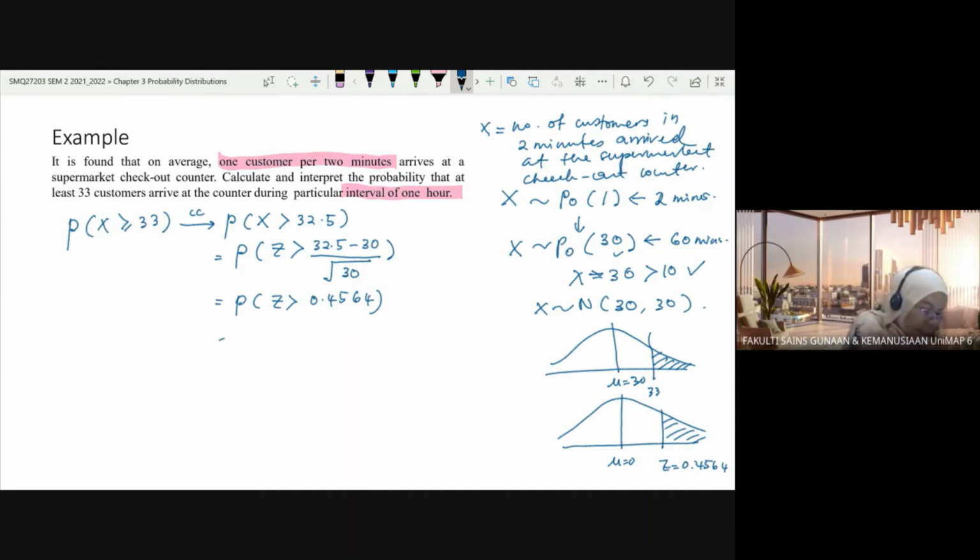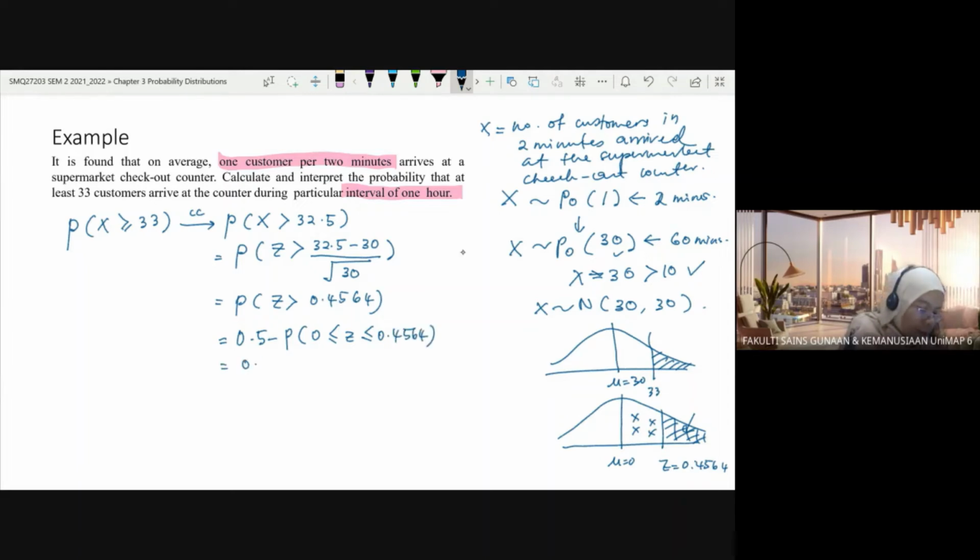So how do we find it here? Your given probability from the standard normal table is for this particular area. Half of the region is 0.5, so to find the shaded area, it will be 0.5 minus the probability of z from 0 until 0.4564.